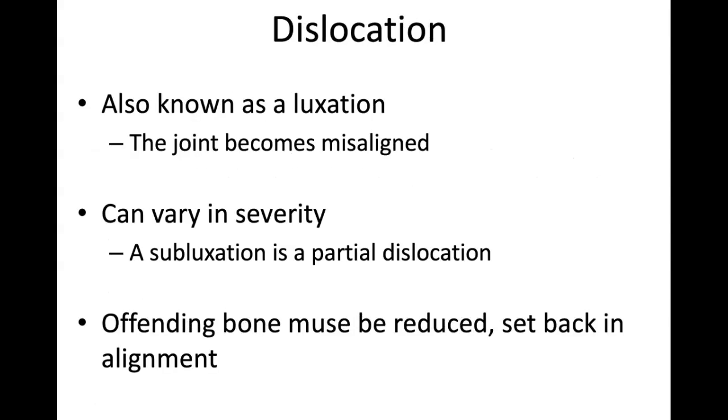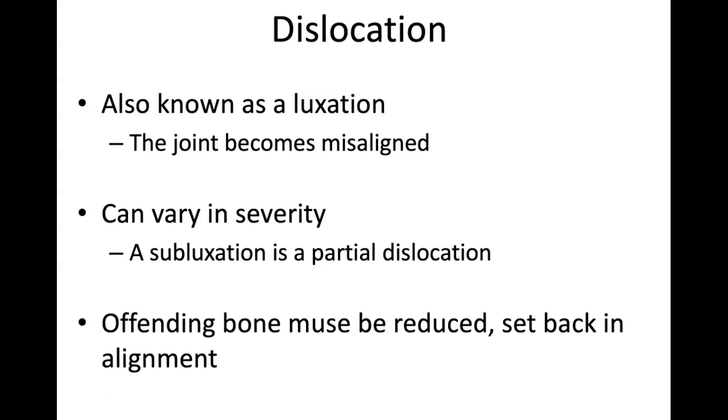All right, and now dislocation. We've seen this happen before where somebody's bone sort of pops out of the place where it's supposed to be. This is known as luxation, and the joint gets misaligned. These can vary in their severity from really severe to not very severe at all.